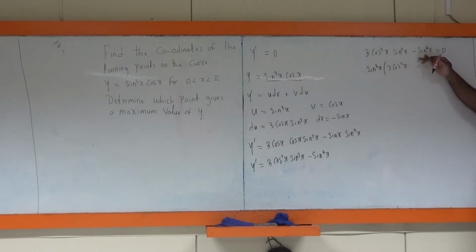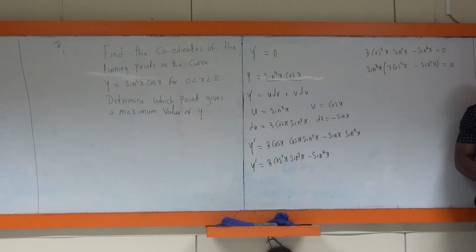And what about this? So if I factor out sine squared of x, here we will have minus sine squared of x. And all of this is equal to 0.